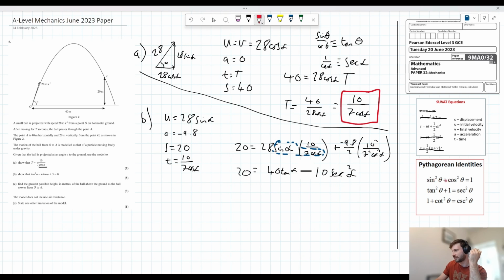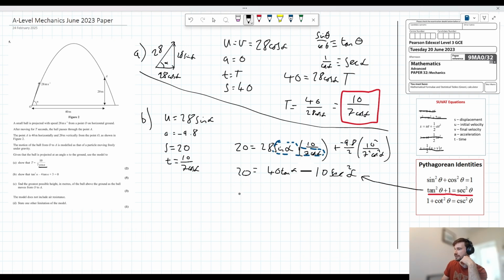To get from sine squared theta plus cos squared theta equals 1 to this, we just divide both sides by cos squared theta, and we land on tan squared plus 1 equals sec squared theta here. So we can substitute tan squared plus 1 in for sec squared alpha here.